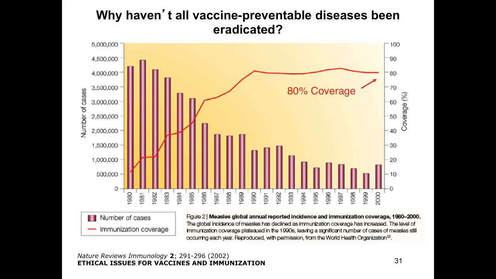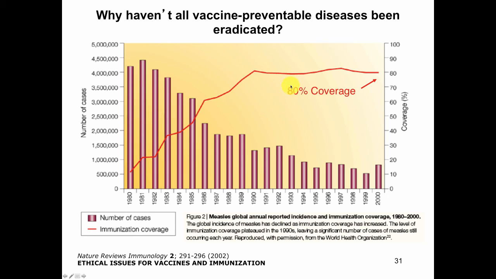But the other reason that we don't have vaccines that work, even for microorganisms where there are effective vaccines, is that we don't have 100% coverage throughout the world. This is a slide just illustrating the incidence of measles, and you can see that as the immunization coverage using the measles vaccine increased, the incidence of disease decreased proportionally.